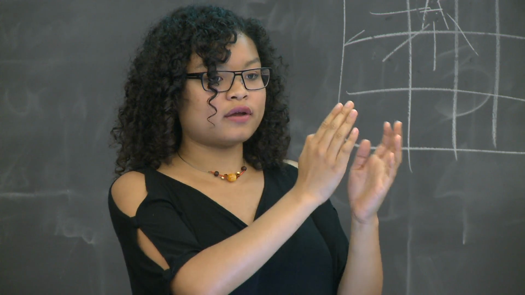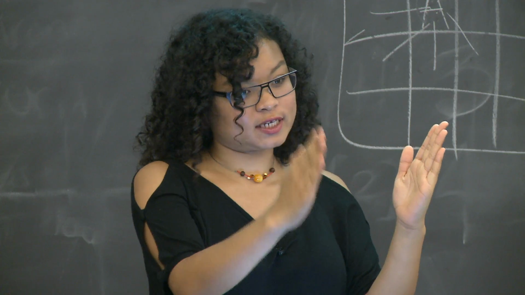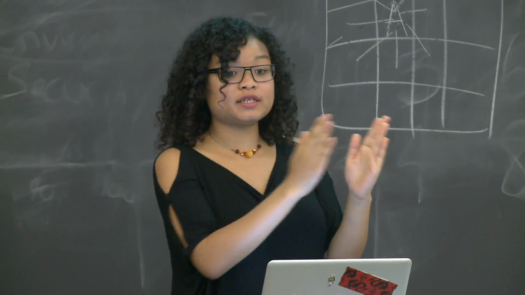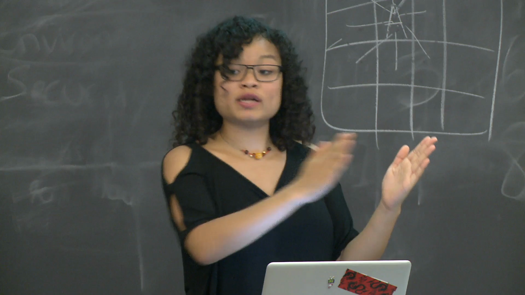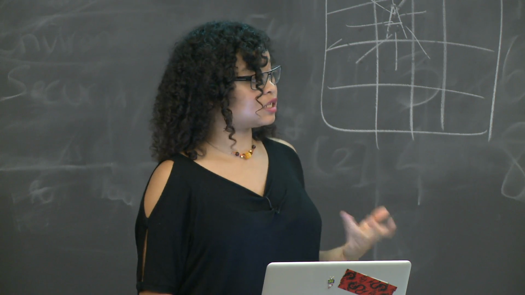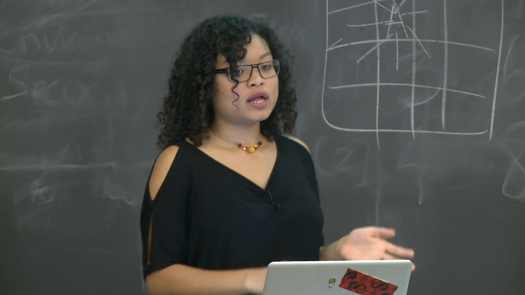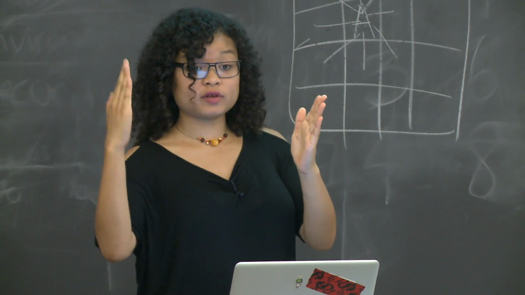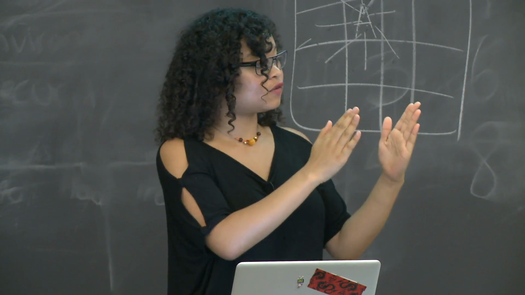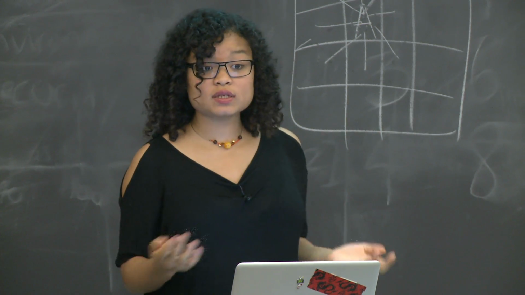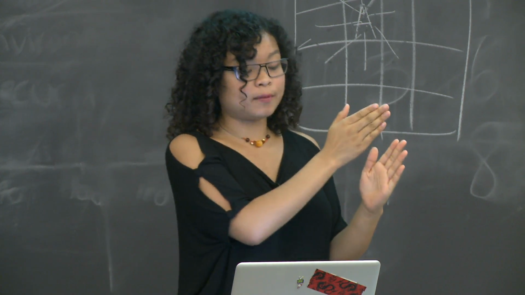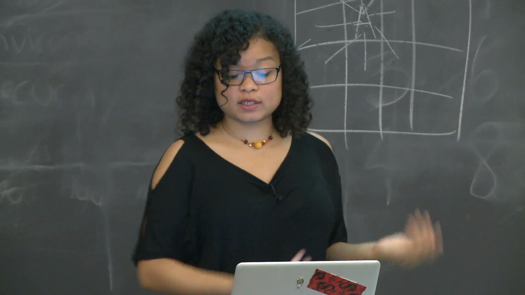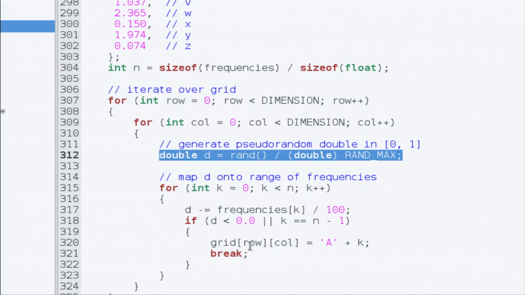Then if D is 60% in, we're going to look at all of the letters and find, relative to how often they're used, what's 60% in? This isn't just 60% of the alphabet, but rather A takes up this much space, and then B takes up this much, and then E, for instance, will take up this much. Based on the relative lengths or the frequencies of these letters, we're going to map that random value between 0 and 1 to a specific letter. So that's what this code does here.